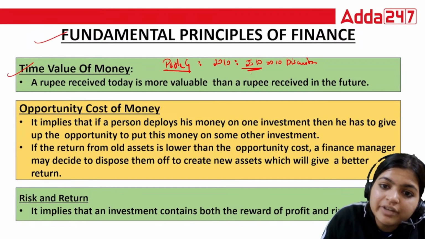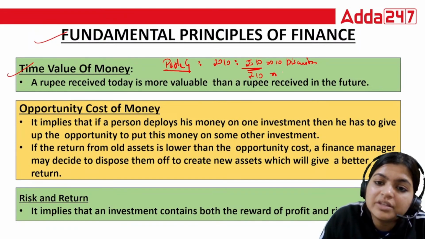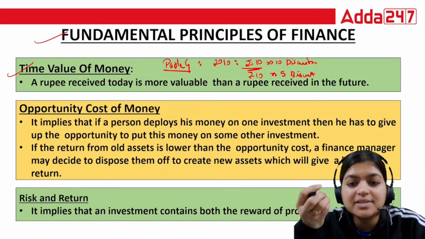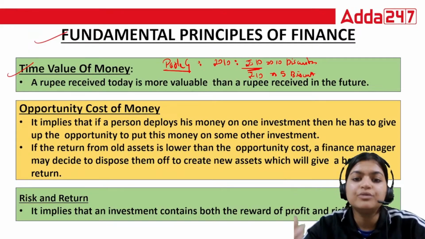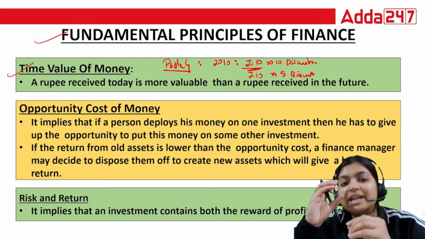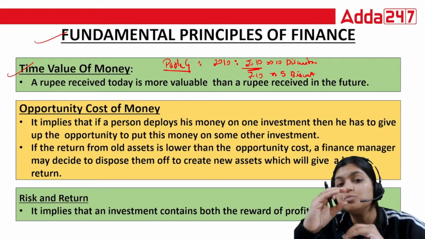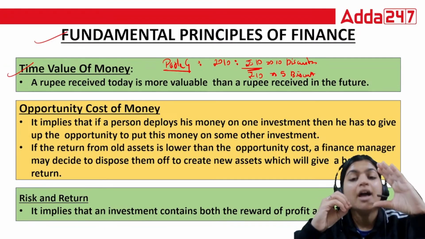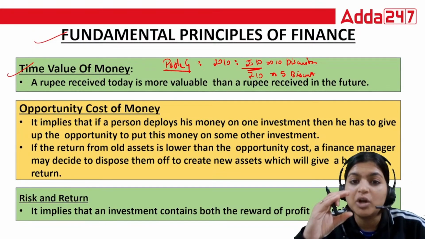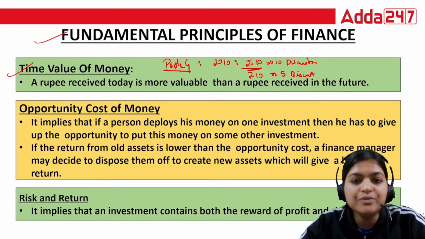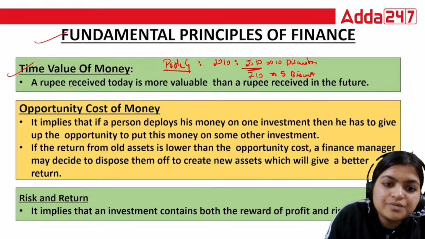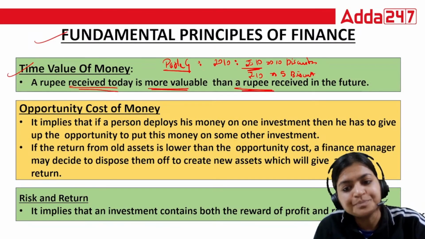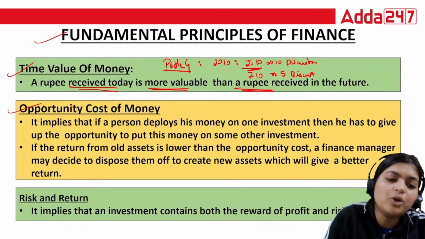But today, when you give rupees 10, you receive only 5 biscuits. Yes or no? So for the same amount of value, you are getting a smaller quantity. Earlier you used to get a higher quantity, but now a smaller quantity. So that is time value of money. A rupee received today is more valuable than a rupee received in the future. Then, next, opportunity cost of money.